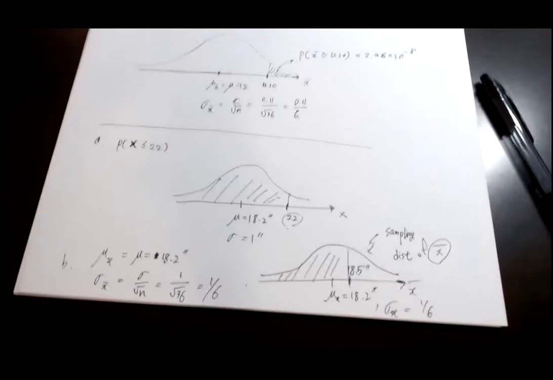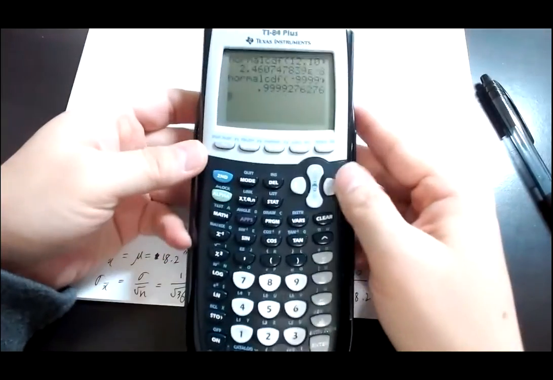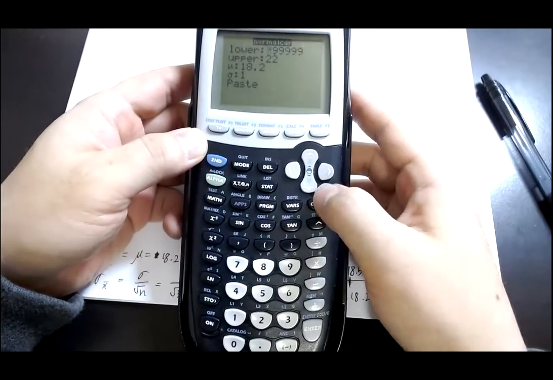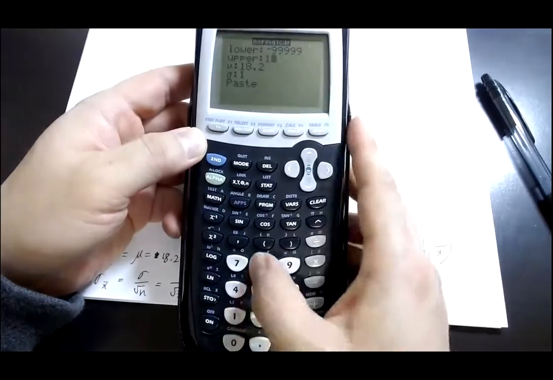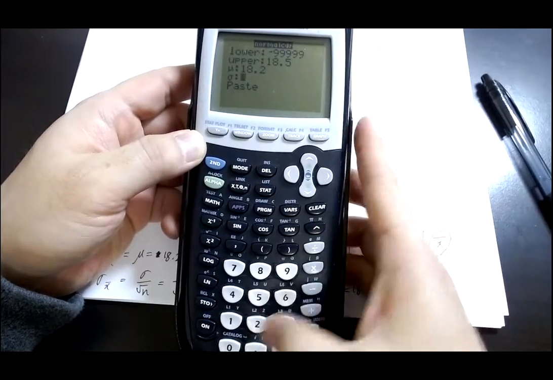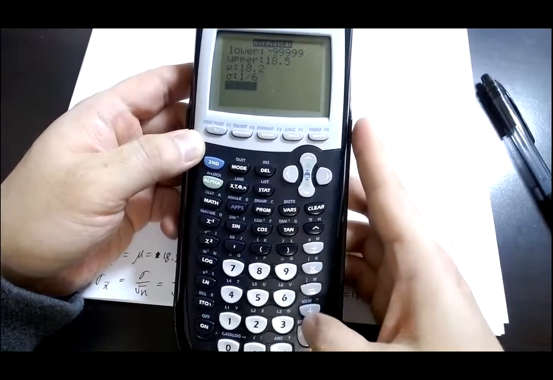Let's see, on the calculator we go to the distribution and use normal CDF: negative 99999 to 18.5, mu is 18.2, sigma is 1/6.